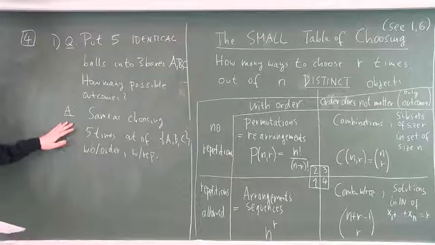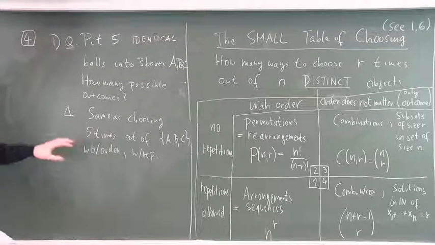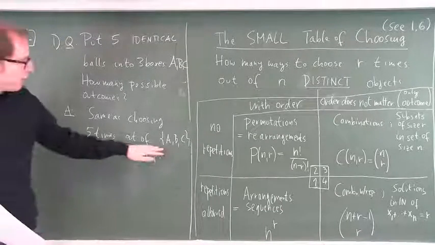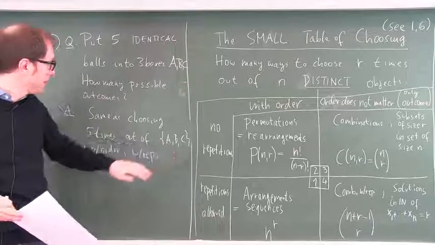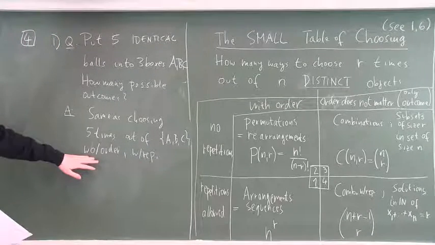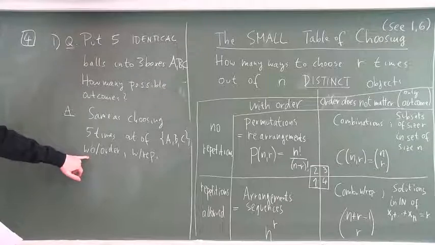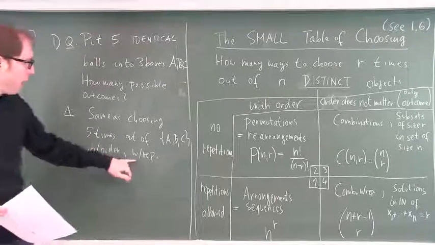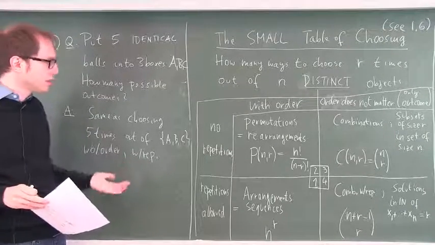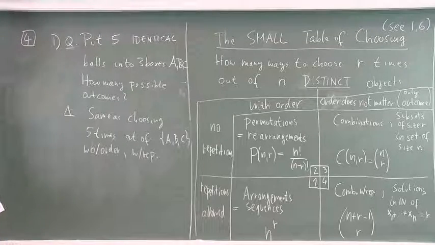I claim this is the same as choosing 5 times out of the set of 3 elements A, B, C, where order is not important, and with repetition, so repetition is allowed. When you think about it, that's precisely what this is.